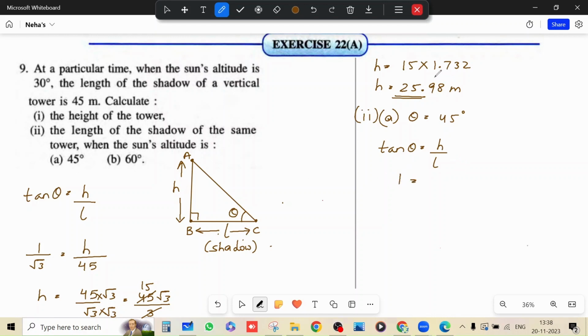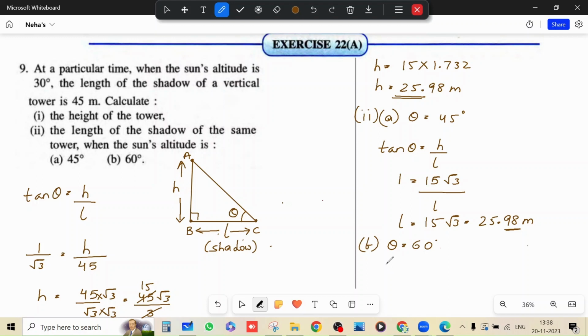The value of h we have already calculated, that is equal to 15 root 3, and the value of L we have to calculate. So the value of L here is again 15 root 3, which is equal to 25.98 meters.